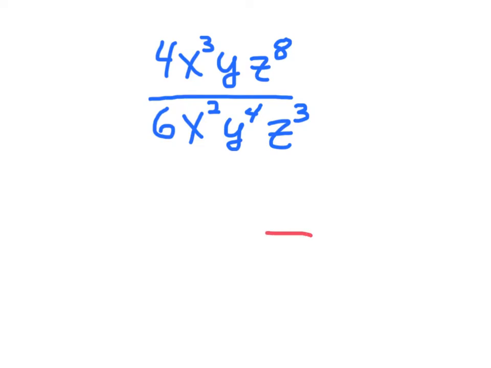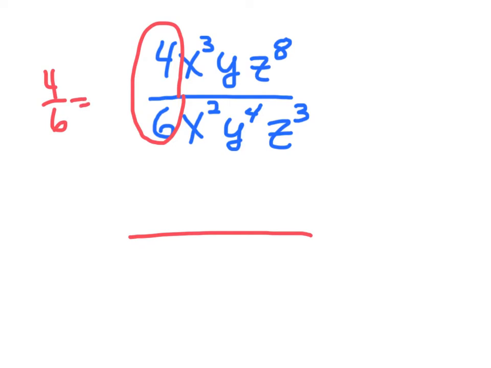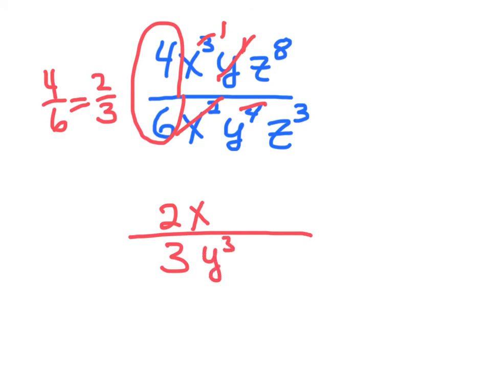Okay, so reducing the coefficients, that's 4 over 6. So 4 over 6 reduces to 2 over 3. So the final answer will have 2 over 3. Then, canceling the exponents, we're canceling 2 of the 3, so we're just left with x to the 1, or simply x. This is y to the 1, so that y cancels with 1 of the 4, and we're left with y to the 3 in the denominator.